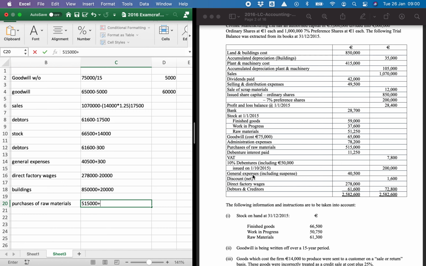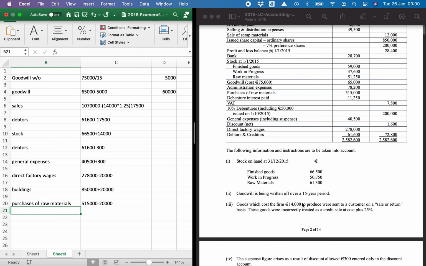We're going to take out that 23,500, and that gets added onto our buildings.